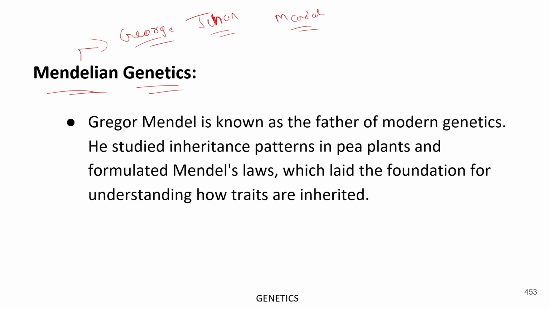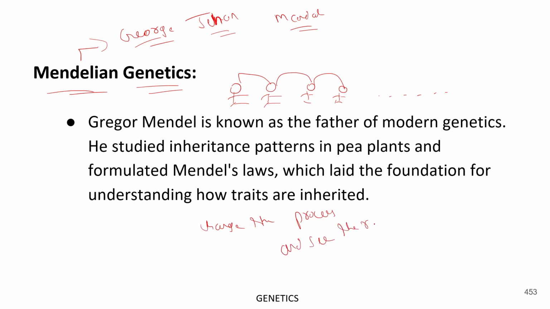How does genetic information pass on from generation to generation, and how does this process go on? He was the first person who tried to find it. Second, he tried to change the process and see the results.